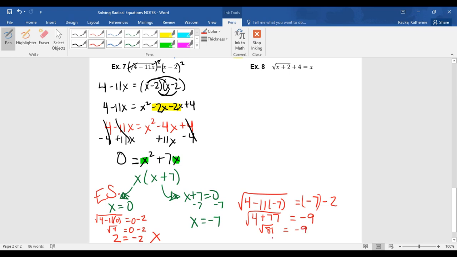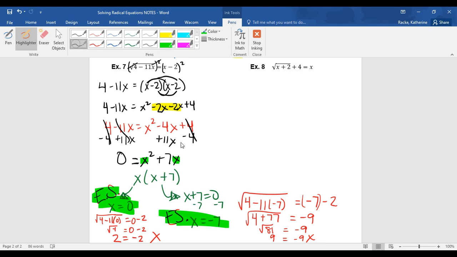Square root of 81 is 9. And that does not equal negative 9, so this is also an extraneous solution. Okay, 2 extraneous solutions, so my actual answer is no solution because they are extraneous solutions, so they do not satisfy the equation.